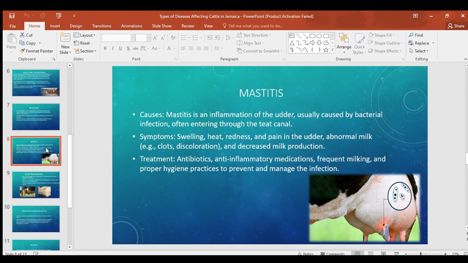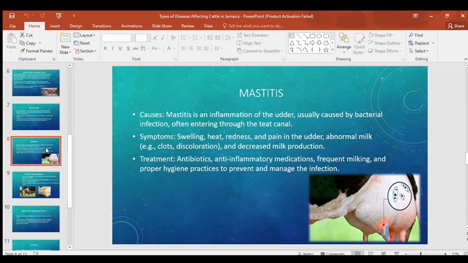Normally when you milk a cow, you would dip those teats in iodine to prevent bacteria from entering. If the milk is not milked out properly out of these teats as well, this can cause mastitis. And mastitis can be caused by various things.